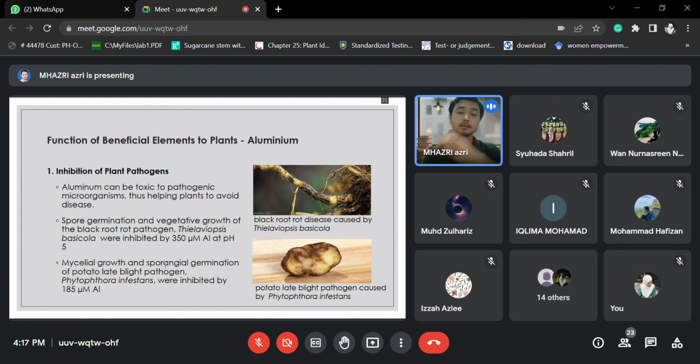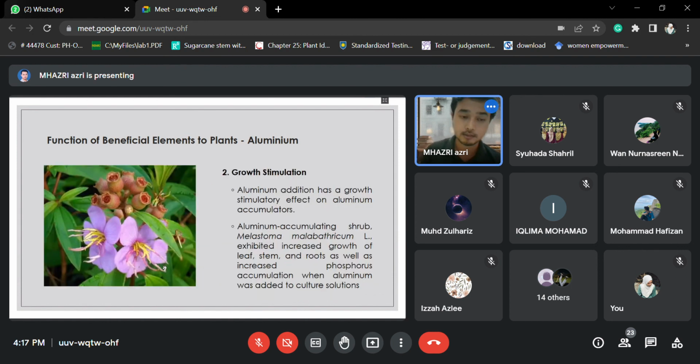Kita nak merawat Phytophthora infection ni, kita apply aluminium at a certain concentration. So itu adalah bagaimana aluminium can be used as control agents to prevent the infections of Phytophthora, canker disease in plant, and also black root rot in plant.